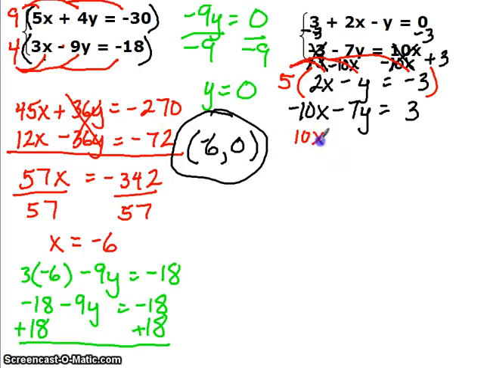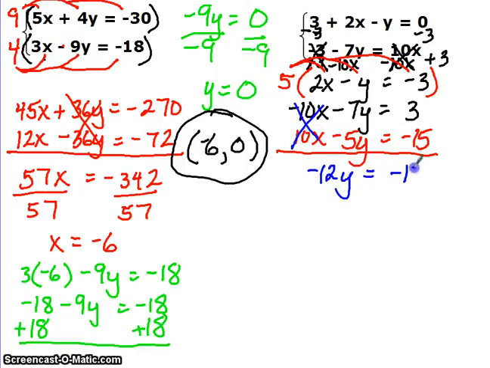So 10x minus 5y equals negative 15. The 10x's are going to cancel. That equals negative 12y. This equals negative 12. Divide by negative 12 to cancel it out and get y by itself. Y equals positive 1. Negatives cancel. 12 over 12 is 1.